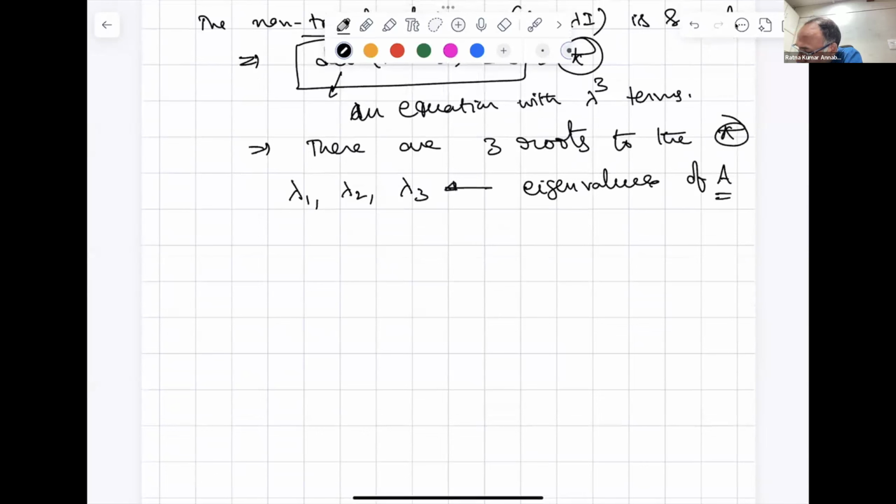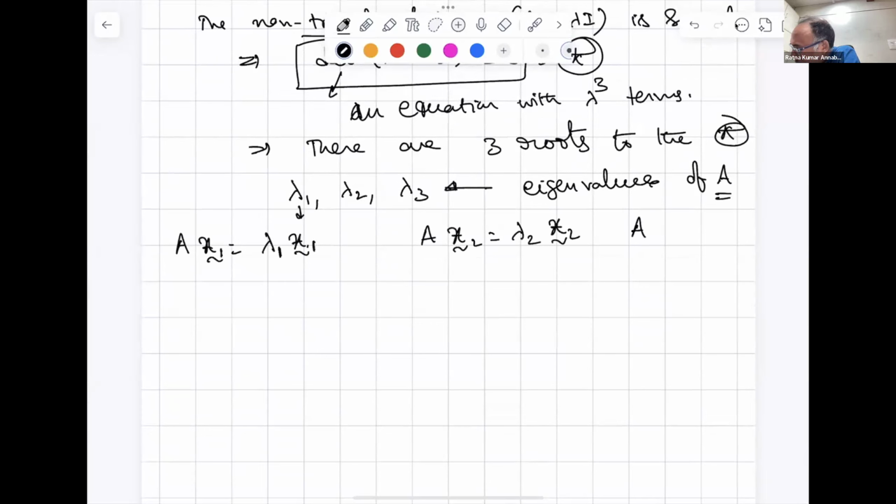So corresponding to lambda 1, what we have said is Ax equals lambda x, where lambda is a scalar. But we don't have 1 lambda but 3 lambdas. So corresponding to lambda 1, you will have x1. Corresponding to lambda 2, there will be another vector x2. Corresponding to lambda 3, there will be another vector x3.